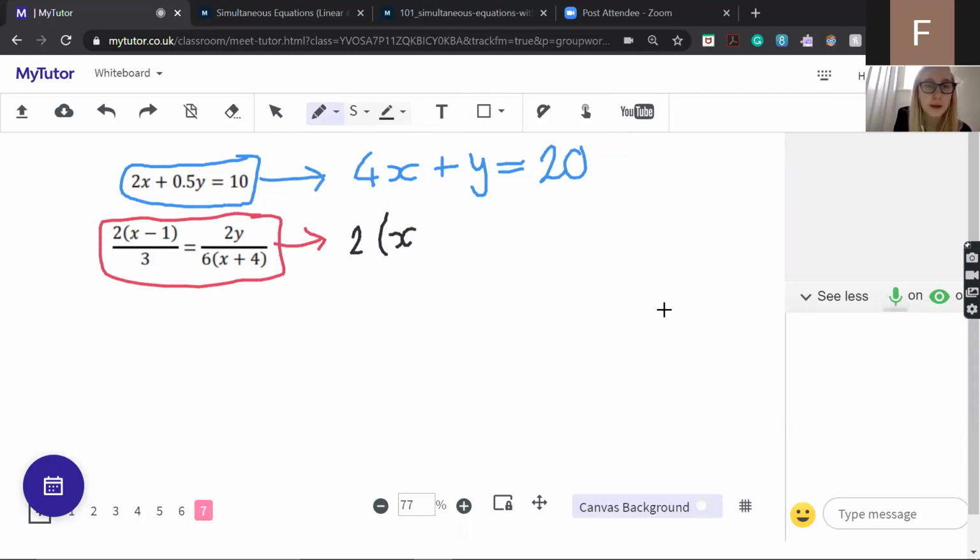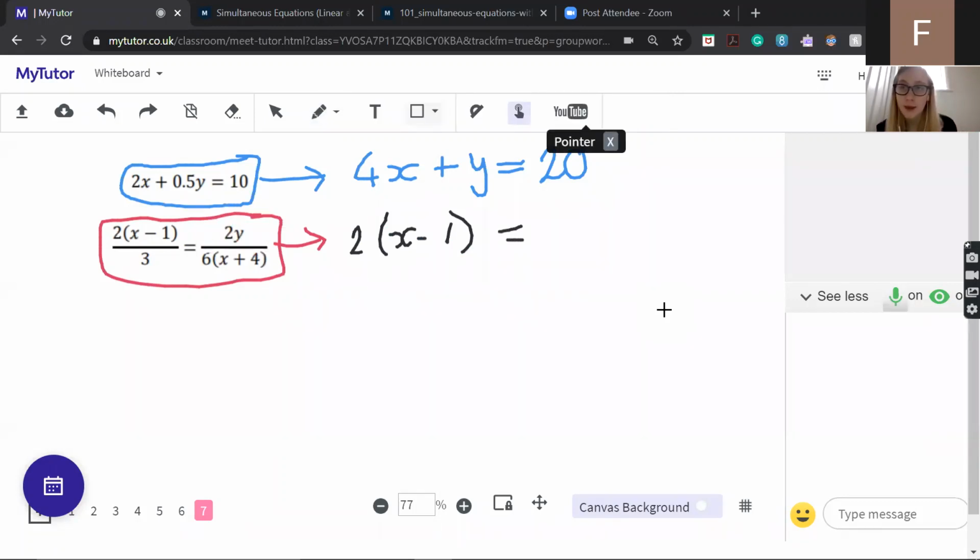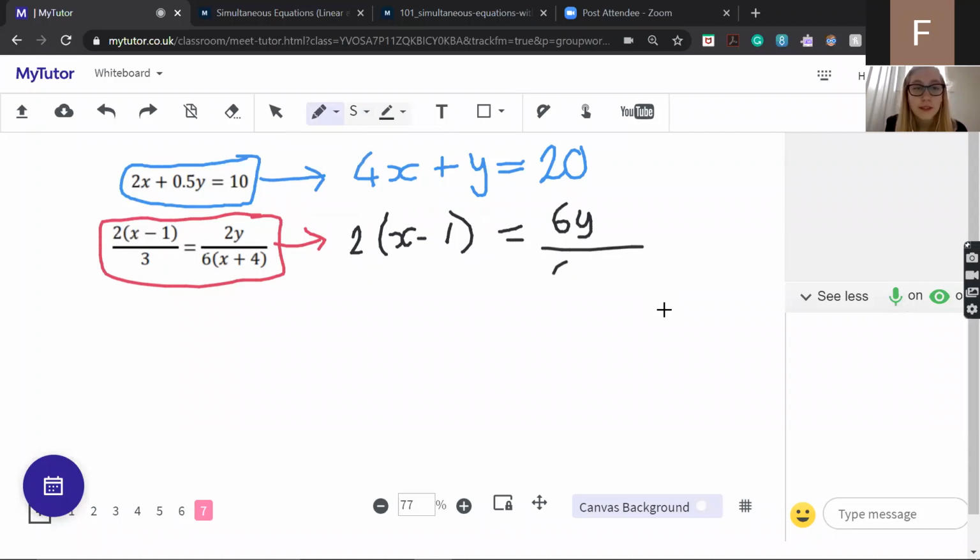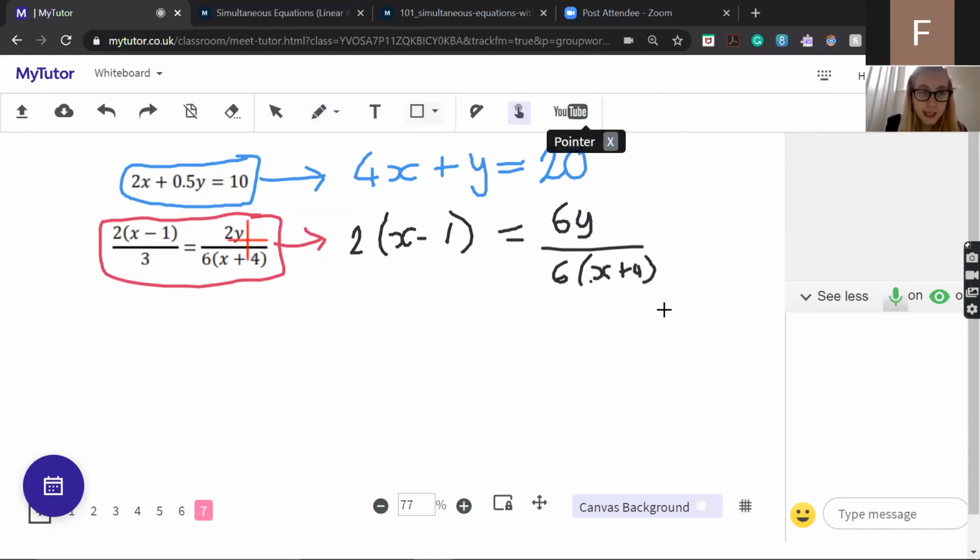Oops, sorry, that should be a minus. And on this side, remember when we multiply a fraction by a number, it just multiplies the top. So we get 6y over 6 lots of x plus 4. Hopefully that makes sense. All I've done is take this 2y and multiply it by 3.